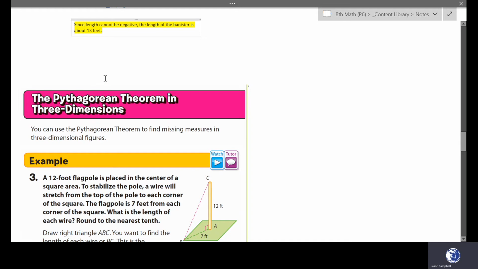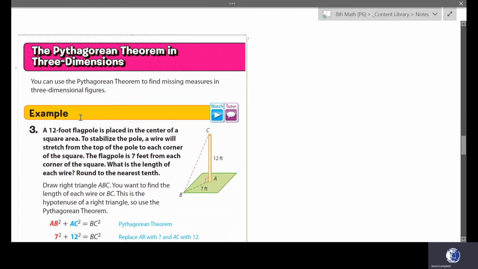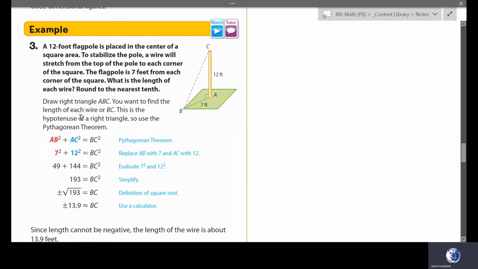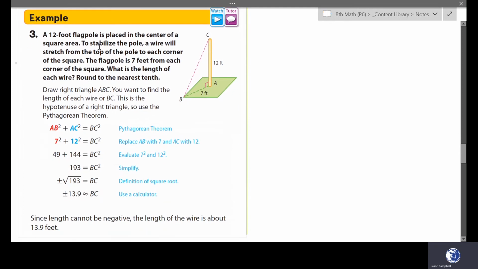The Pythagorean theorem in 3 dimensions. You can use the Pythagorean theorem to find missing measures in 3-dimensional figures. In example 3, it says a 12-foot flagpole is placed in the center of a square area. To stabilize the pole, a wire will stretch from the top of the pole to each corner of the square. The flagpole is 7 feet from each corner of the square.